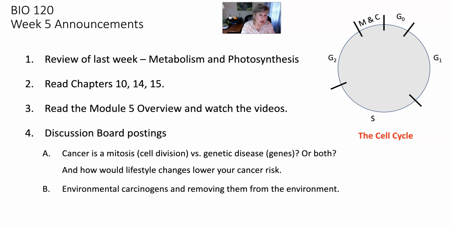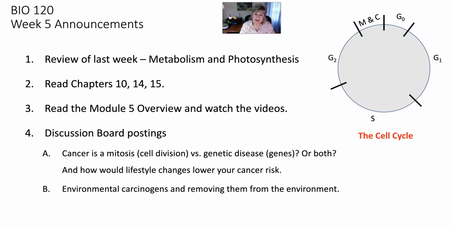Anyway, there we go. So last week you learned about metabolism, which is all the biochemistry that happens in cells, breaking down food, making molecules that you need. And this included a discussion of cellular respiration, which is a way that oxygen is used to make ATP molecules from food.